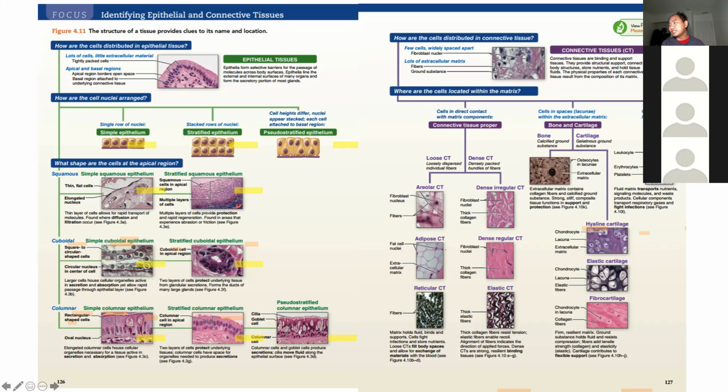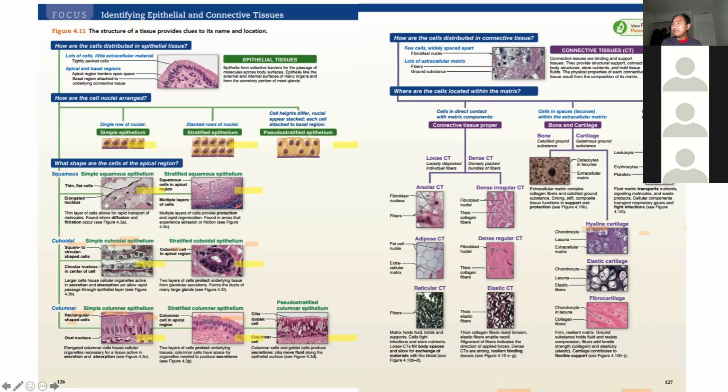And now you start seeing the different types of connective tissue here, areolar connective tissue, adipose tissue. You know that it is at the bone here, the bone connective tissue. If you look at the histology, it will be like that. We come to that when we talk about bone tissue.